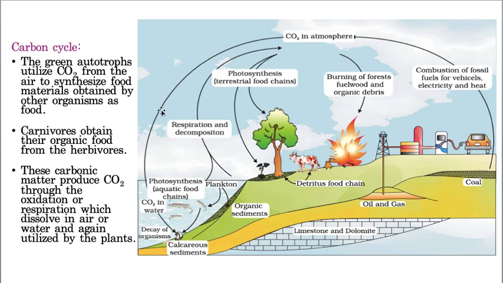That's why this excess carbon dioxide is taken by the water, and that dissolved carbon in the form of bicarbonates and carbonates is taken by the phytoplanktons. Phytoplanktons are the small plant organisms, the micro plants, that are called planktons, and they perform photosynthesis, and they will be eaten by the fishes.